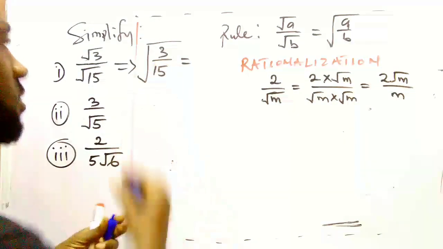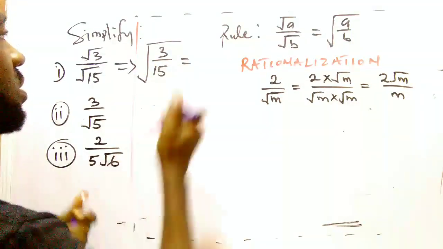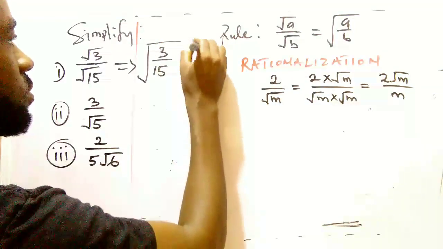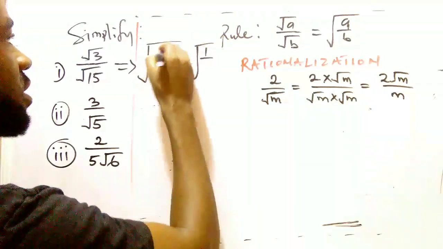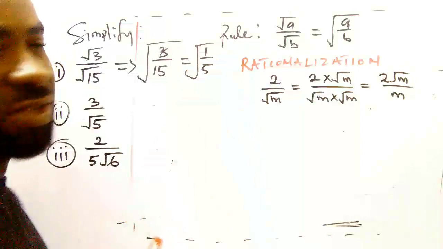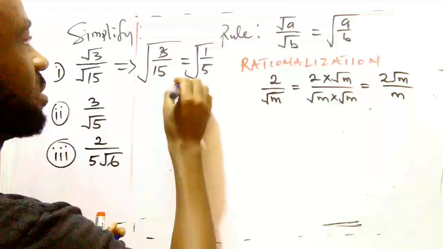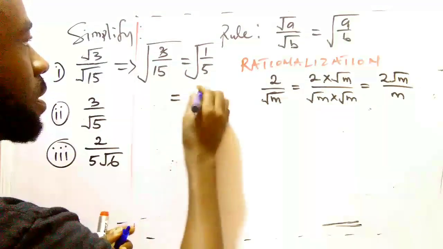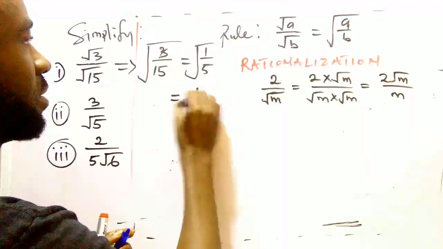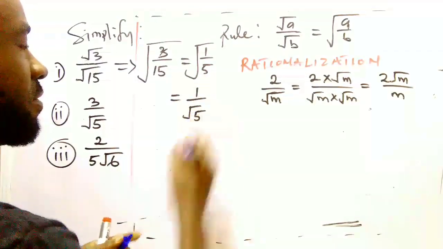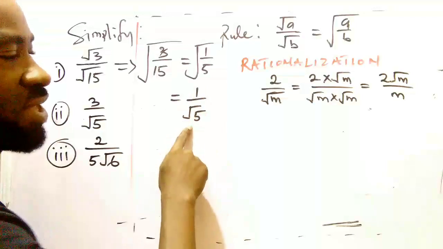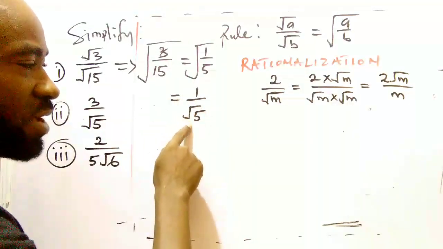So that will give us root 1 over, because 3 here is 1, 15 divided by 3 is 5. And the square root of 1 is still 1, and then root 5. Now you can see that my answer is 1 over root 5.